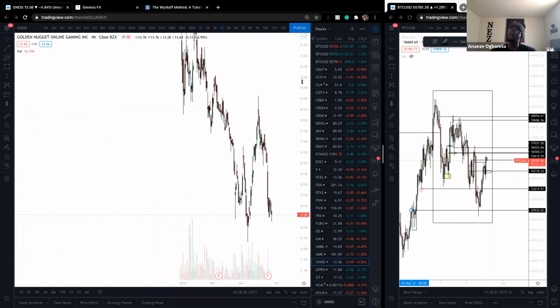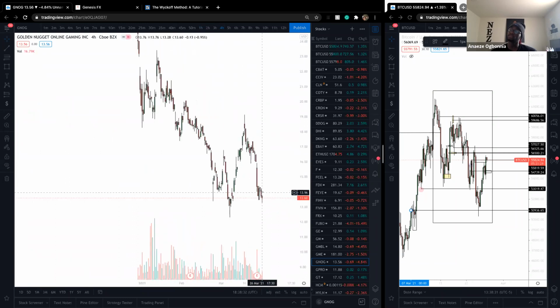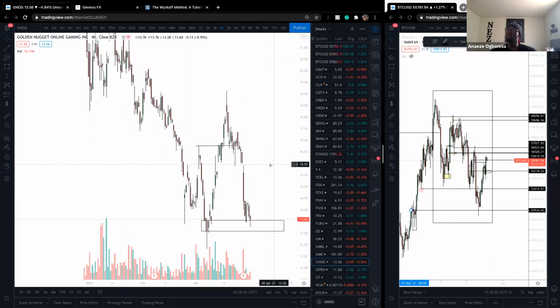GNOG is, I'm gonna go with, okay, I would say bullish, but volume needs to get lower.